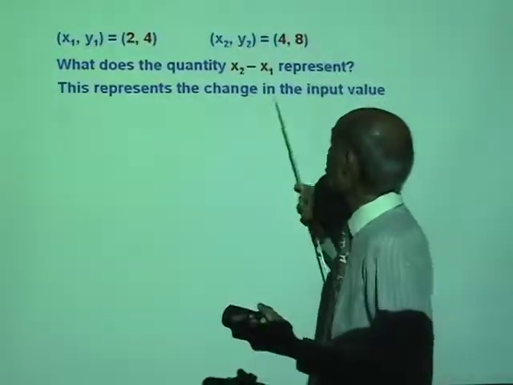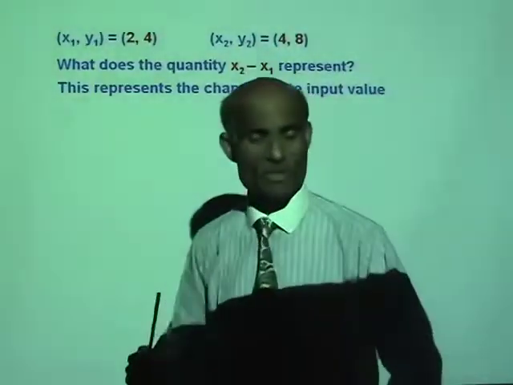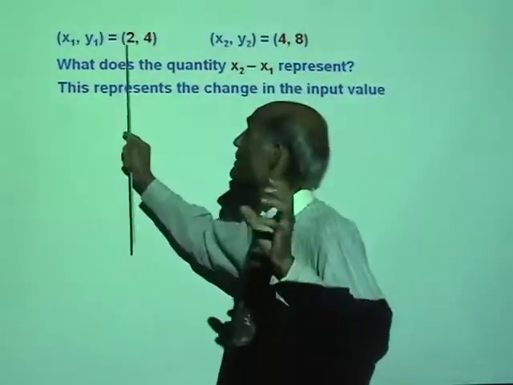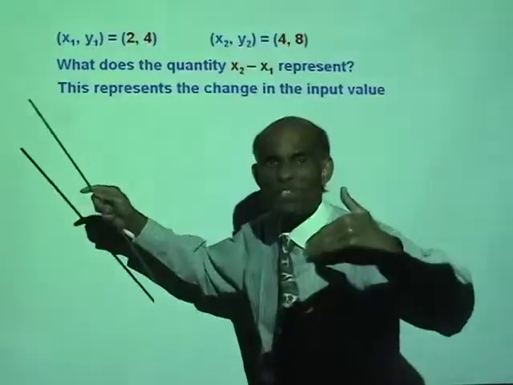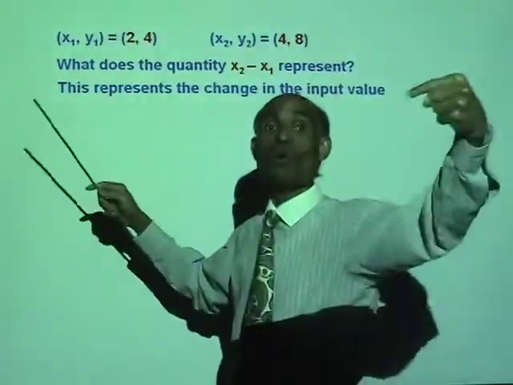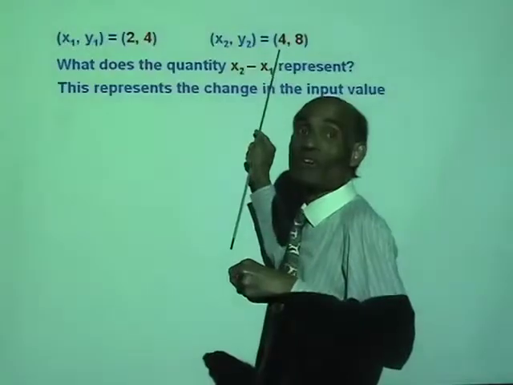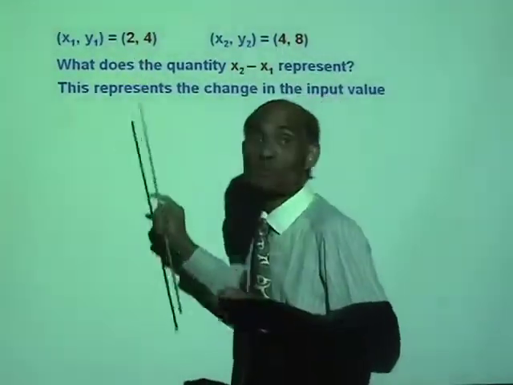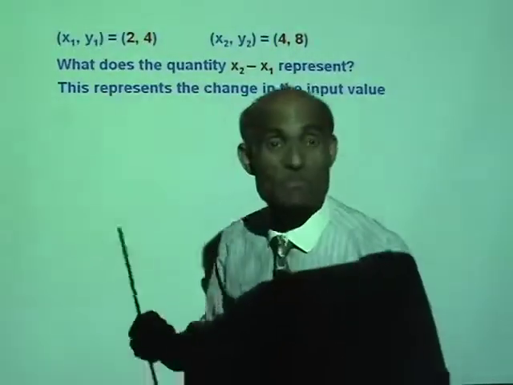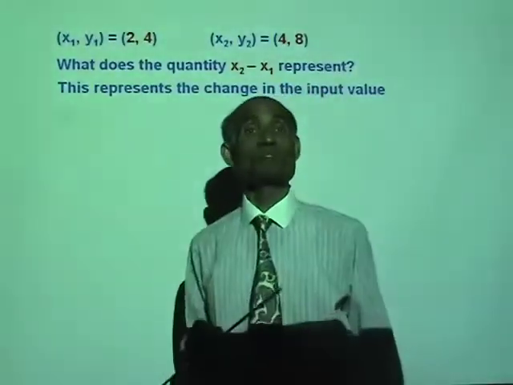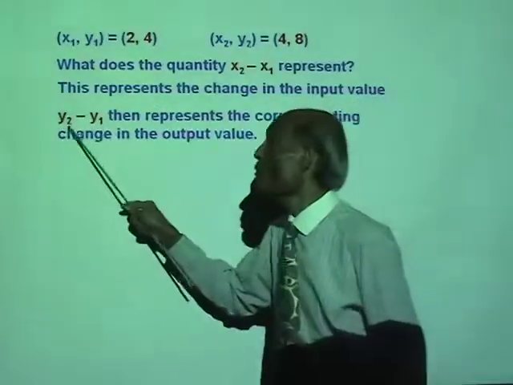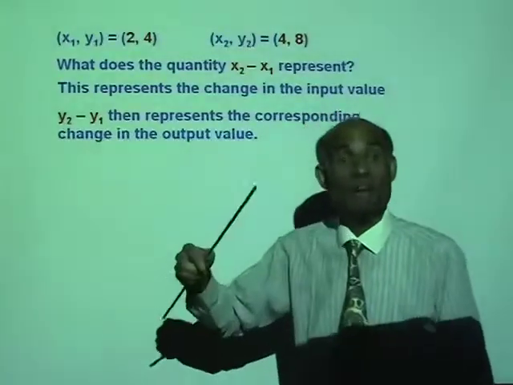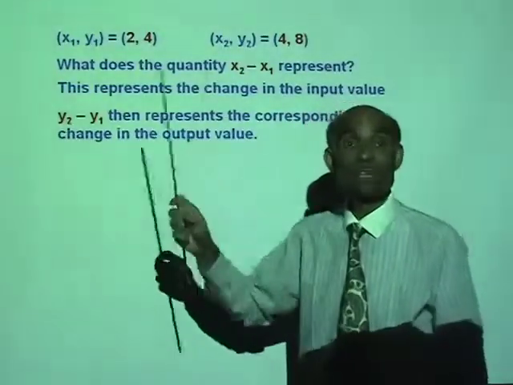This represents the change in the input value. You see, the girl only wanted to walk 2 miles in the beginning. She changed her mind and walked 2 more miles. She walked 4 miles. So x2 minus x1 is 4 minus 2. That is 2. That represents a change in the value of the input. Then y2 minus y1 represents a change in the value of the output. You see that?